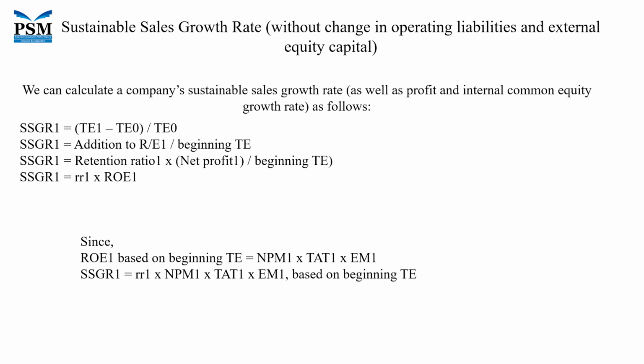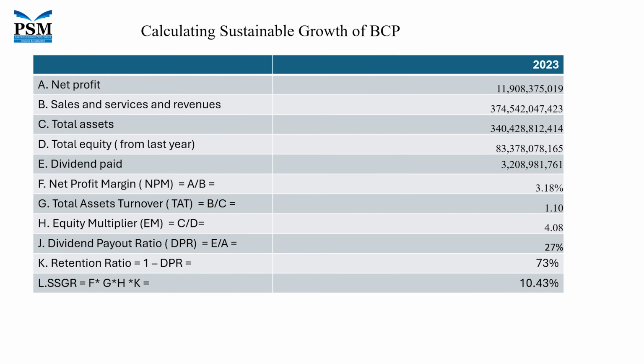And equity multiplier is the leverage effect, the debt financing utilized by the company. So using this formula and these variables, we are going to compute the actual sales growth rate of the company PCP using the data from its financial statements for the year 2023.